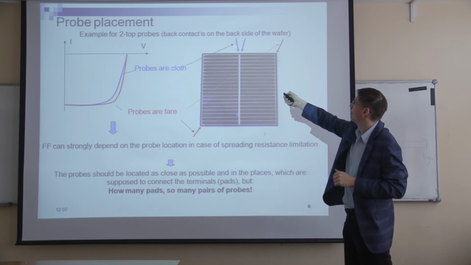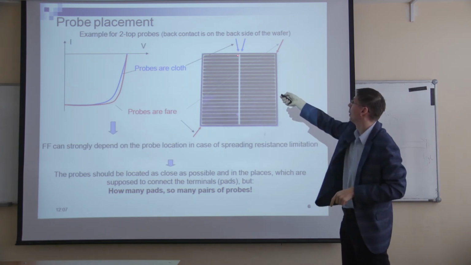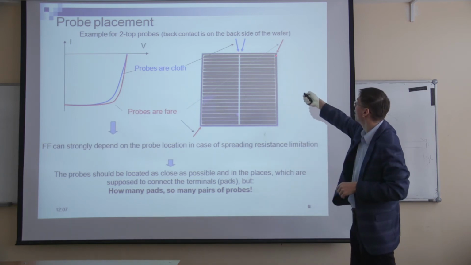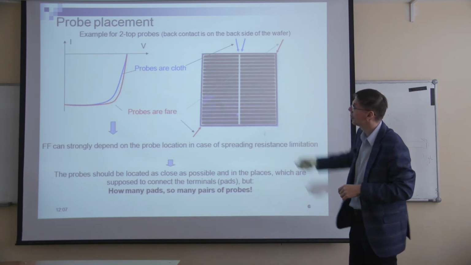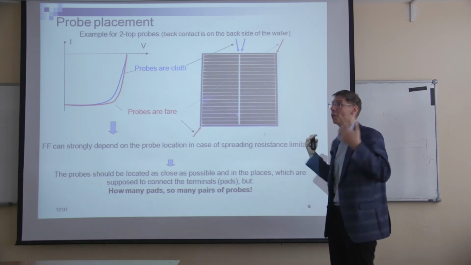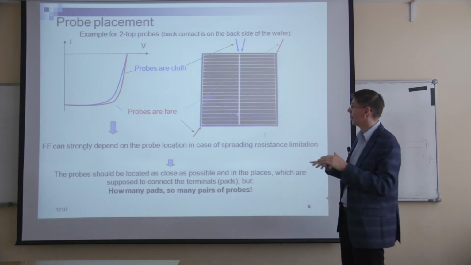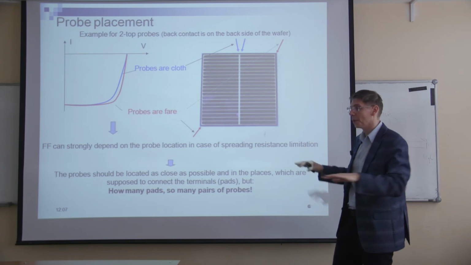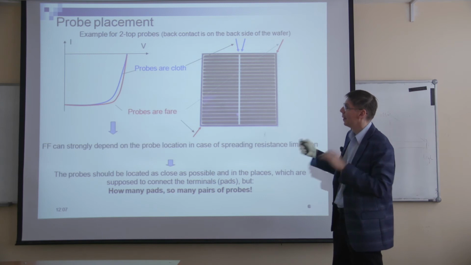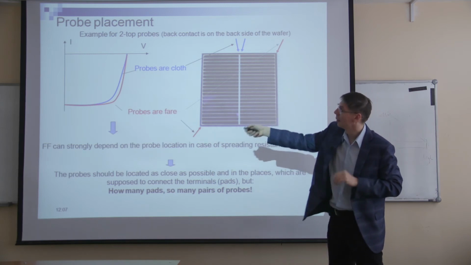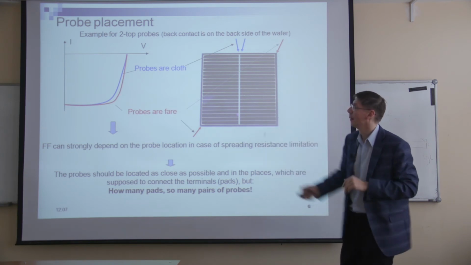If you put 2 points near to each other, in one place, or you can separate them diagonally using this and this point. And in case of any problem with the sheet resistance, with some spreading problem, you can get a difference between them. So for this case, you would measure something like this. For this case, you would measure this one.